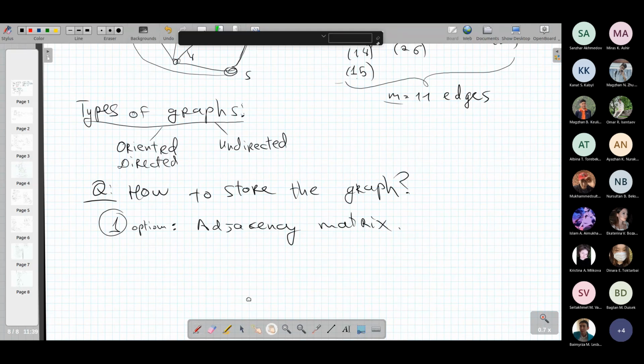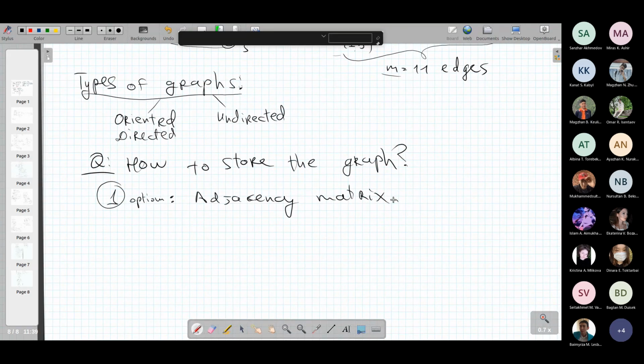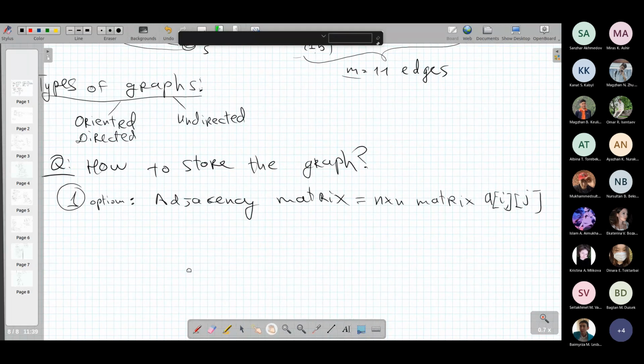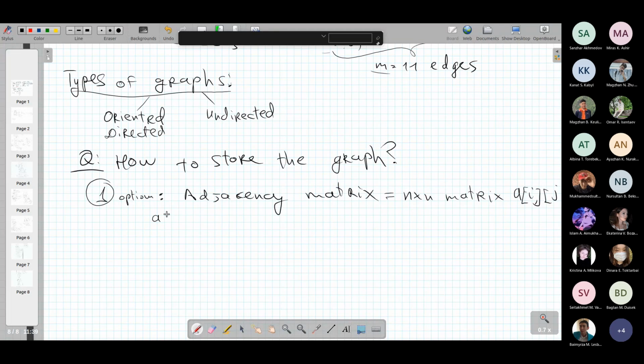Adjacency matrix. What it means is, it's an n by n matrix A_ij. Let me draw it and then explain.